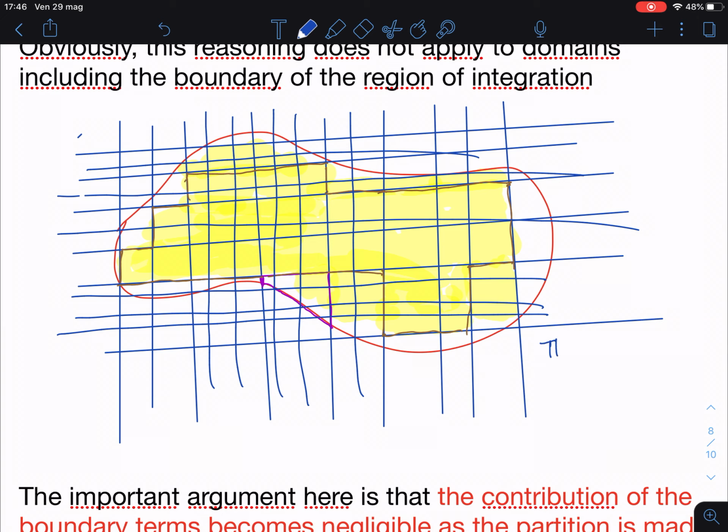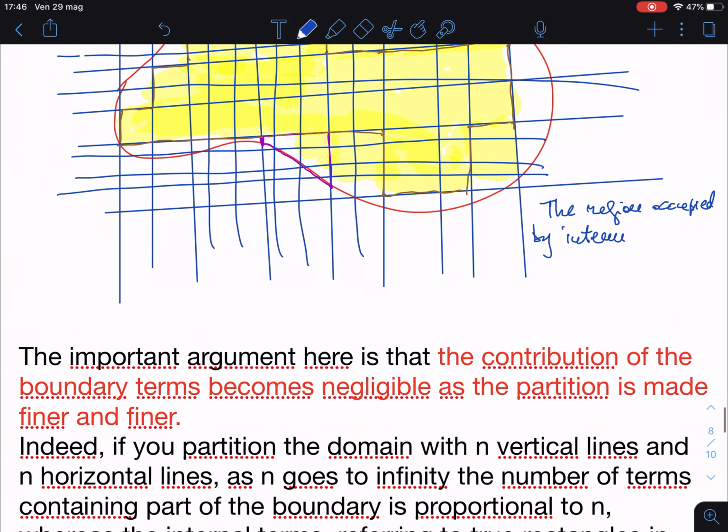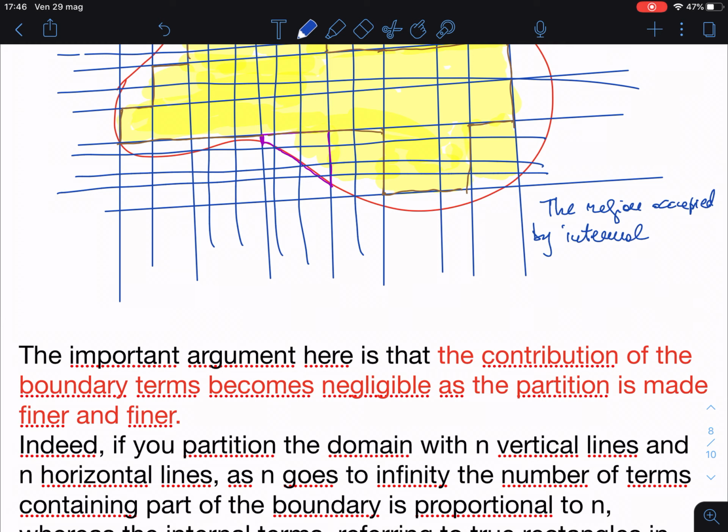The region occupied by internal rectangles on which the theorem holds, on which our proof holds, becomes larger and larger as the partition becomes thinner and thinner.